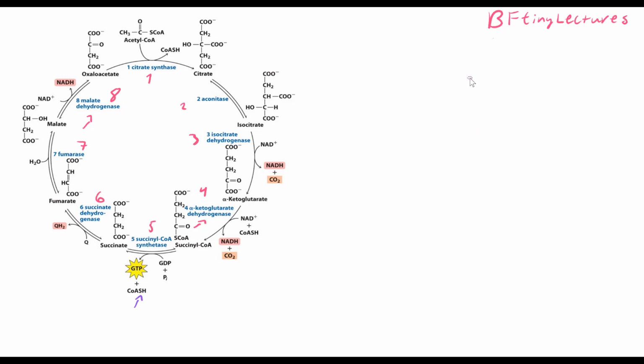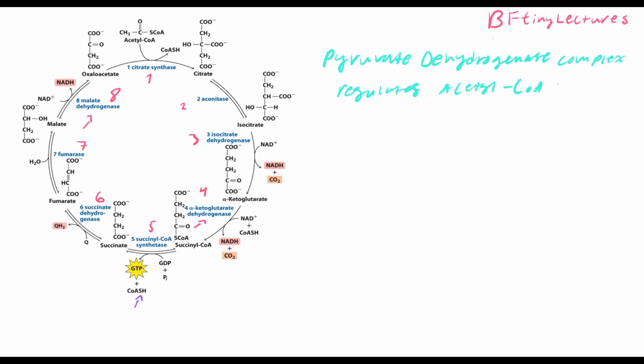Now you're probably wondering, well, what regulates the supply of acetyl-coenzyme A? Because you said, well, sometimes you have high levels, sometimes you have low levels. Well, what regulates that? And the answer to that would have to be the Pyruvate Dehydrogenase Complex. Okay, so the Pyruvate Dehydrogenase Complex regulates acetyl-coenzyme A levels.